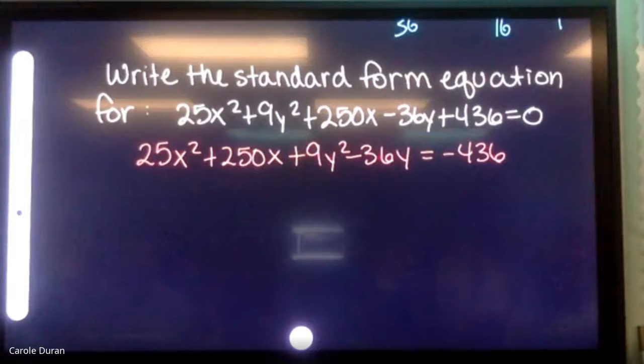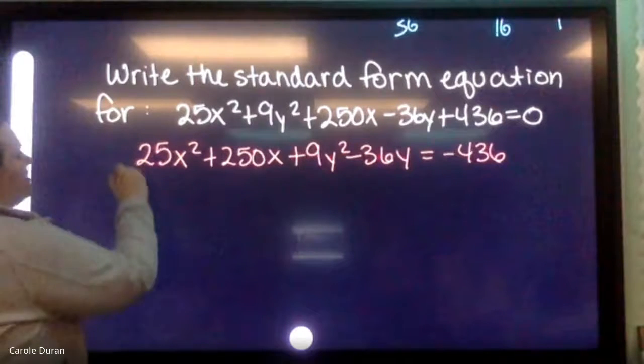They have something attached. So what I need to do is separate that number from in front of my x squared. When I separate it from the x squared, I'm also simultaneously dividing it out of the x term. Same thing goes for the y squared and the y. And we're just going to leave it in front of their respective variables.